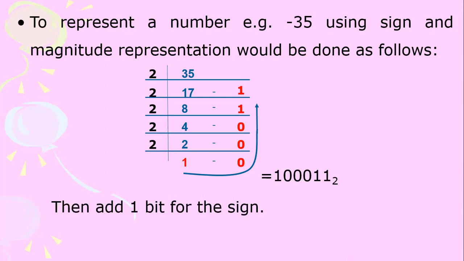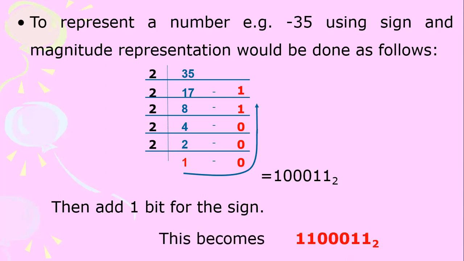But then, because we are converting -35 to binary, we then add a 1 to our binary. So we add 1 bit for the sign on the most significant bit side.